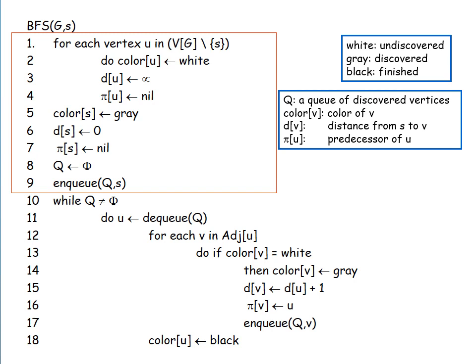And we have a branch in the tree between V and U. And then we also put this adjacent element V at the end of the queue. When we've done that for all adjacent undiscovered elements to U, in line 18, we color U black as being complete. It's the end of the algorithm.